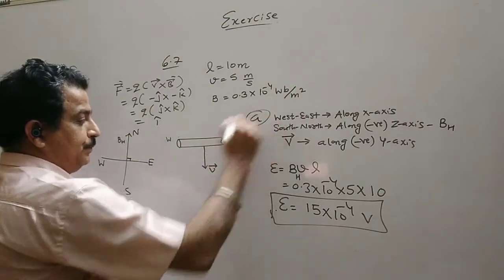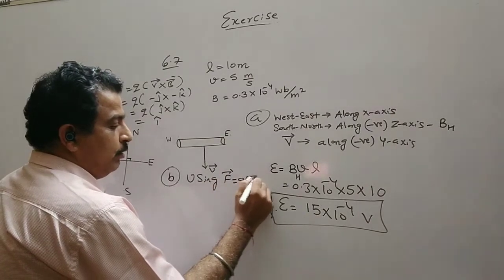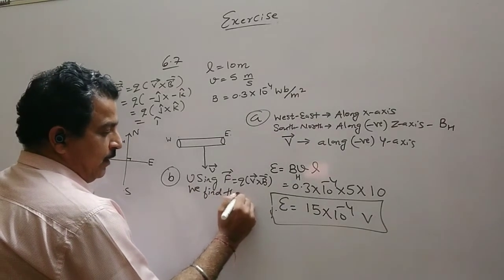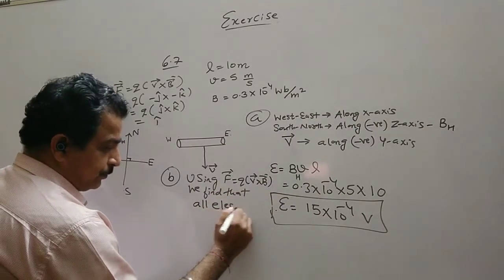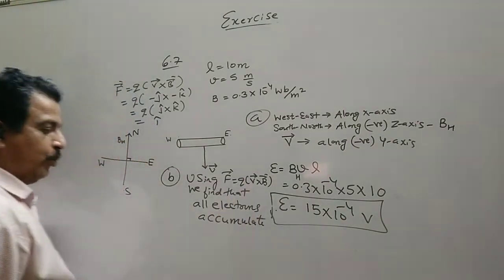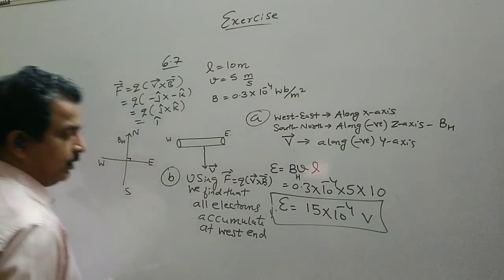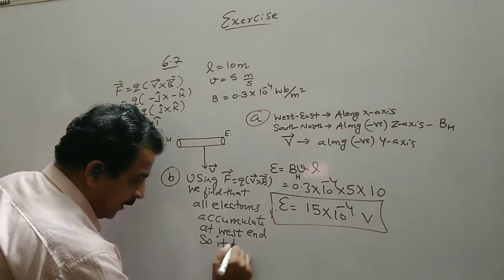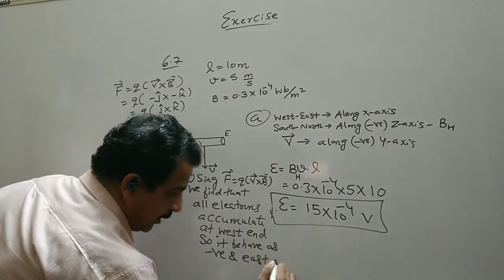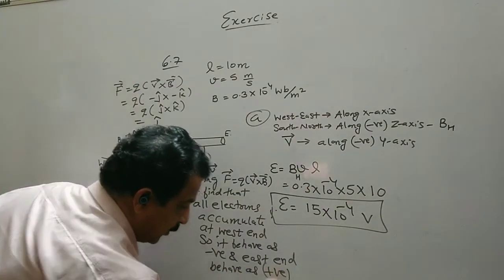So for the second part, using F is equal to Q V cross B, we find that all electrons accumulate at the west end, so it behaves as negative, and the east end behaves as positive.